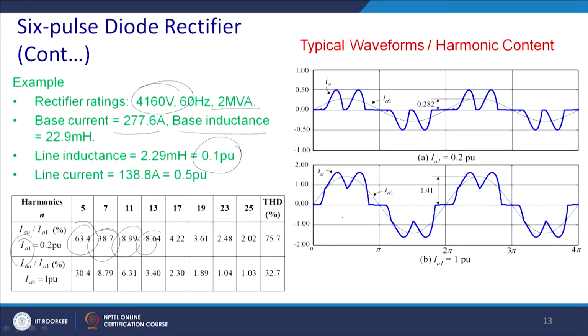So, this is the 7th harmonic, this is 11, 13 and so on; we consider the 3 phase system, so multiples of 3 are absent. So, you can see that the THD is as high as 75% for the light load, and once you have loaded a little bit, it will come down to the level of 3 to 0.7%.